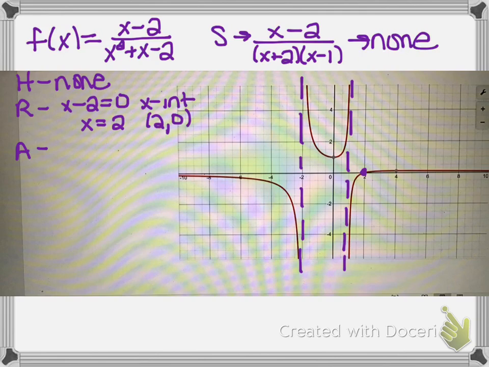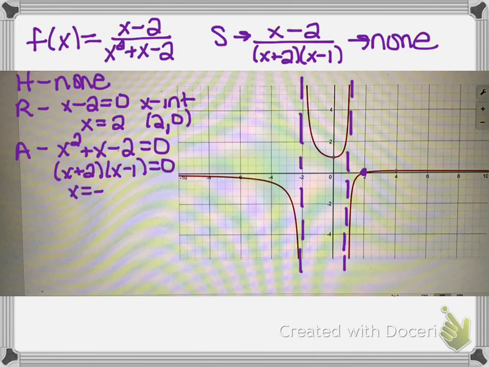Okay, so what I do is I take my denominator, either in its already factored form or in the original form. If I take my denominator and set it equal to 0, the first thing I would do anyway is factor it: (x + 2)(x - 1). So I get 2 solutions.